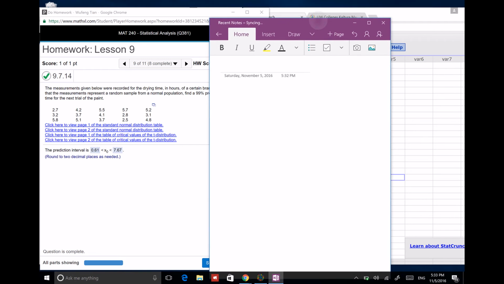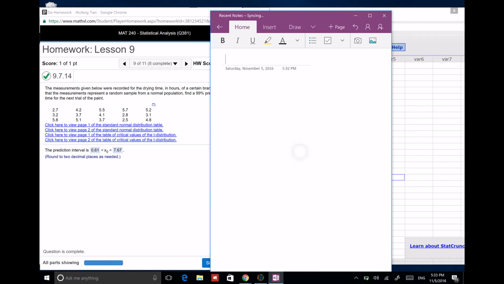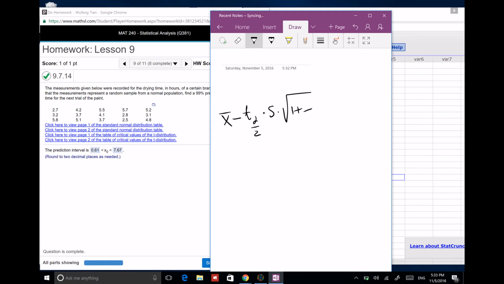If you look at the textbook, the formula is x bar minus t alpha of 2 times s times square root of 1 plus 1 over n, to x bar plus t alpha of 2 times s times square root of 1 plus 1 over n.